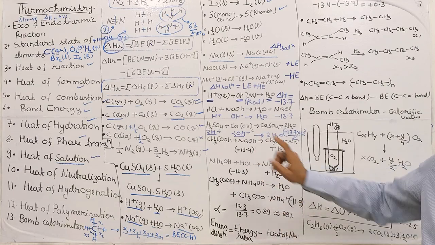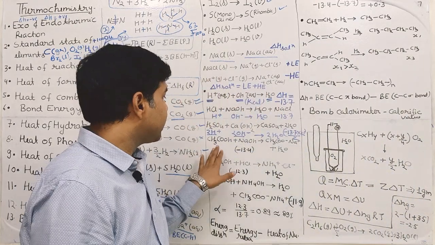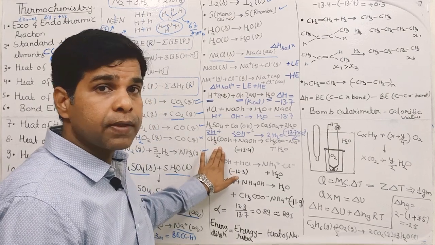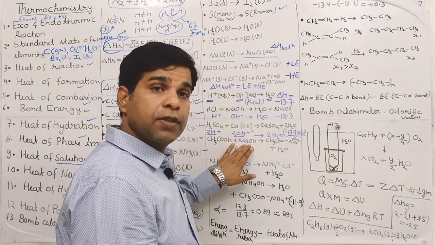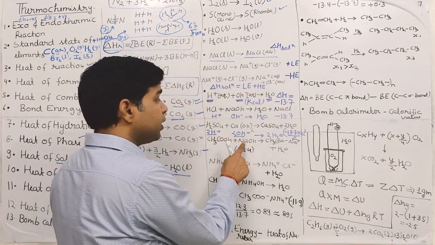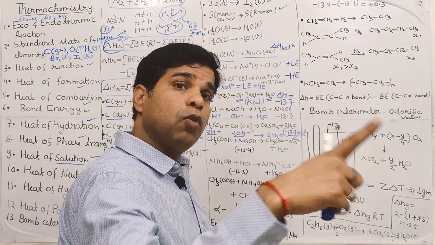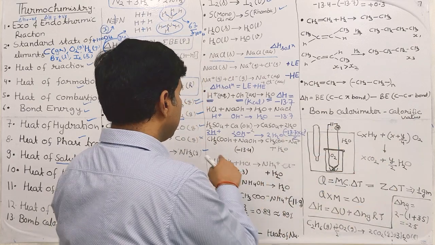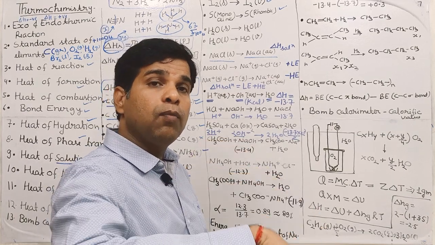Suppose we have the next example, this time I take acetic acid. It is not a strong acid. Degree of dissociation is not 100%. NaOH is a strong base. 1 mole of NaOH provides 1 mole of OH minus. But 1 mole of acetic acid cannot provide 1 mole of H positive.